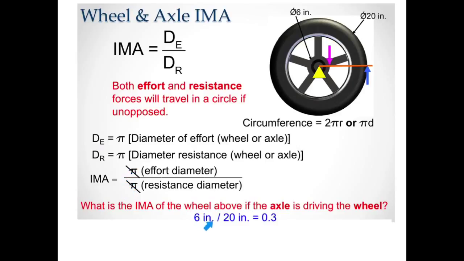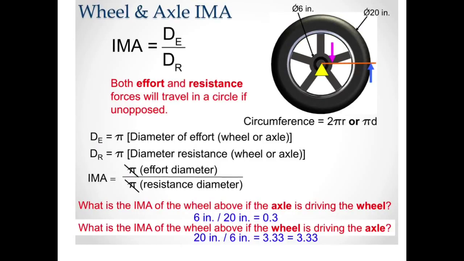So I'm going to put 6 inches. Then my distance of my resistance is going to be my wheel in this case, because the axle is driving the wheel, which means that the wheel is my resistance. It's where my resistance force is. And it tells me with this symbol here that the diameter is 20 inches. They're both in inches, so inches is going to cancel out and give me 0.3.